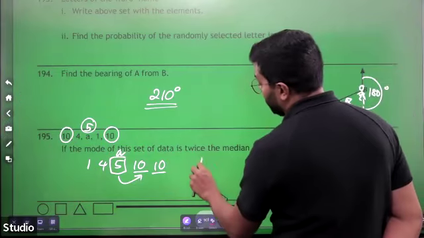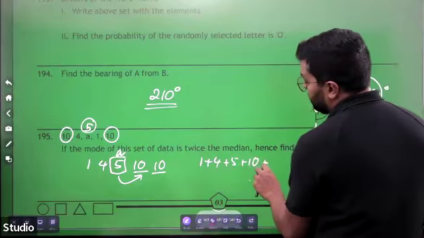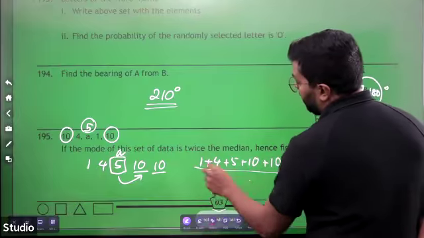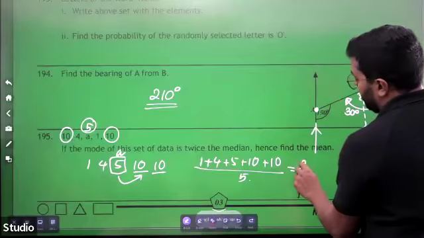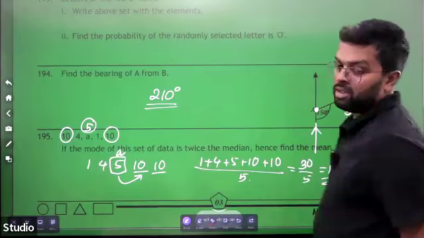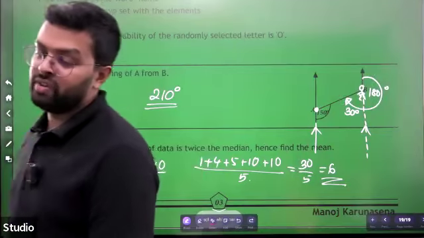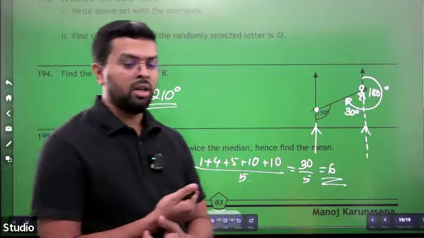So how are you going to get the average? 1 plus 4 plus 5 plus 10 plus 10 divided by 5. 10, 20, 30. 30 divided by 5. Answer is 6. So the mean value is equal to 6.